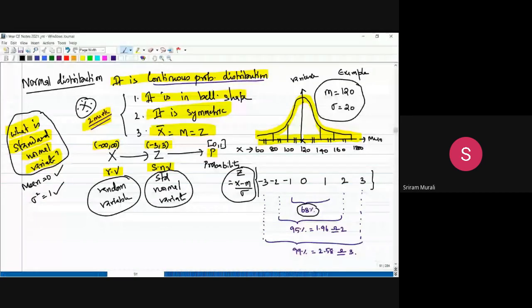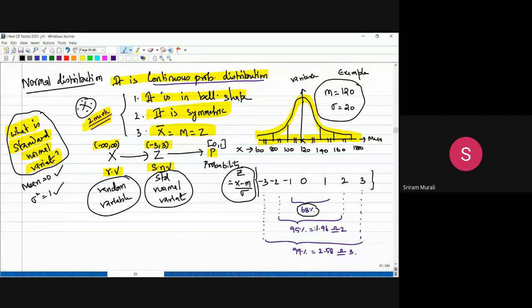If I vary from minus 2 to 2 from the origin, then 95% is confident, 1.96, which you learned in your higher secondary sampling theory. If they have taken it, okay.